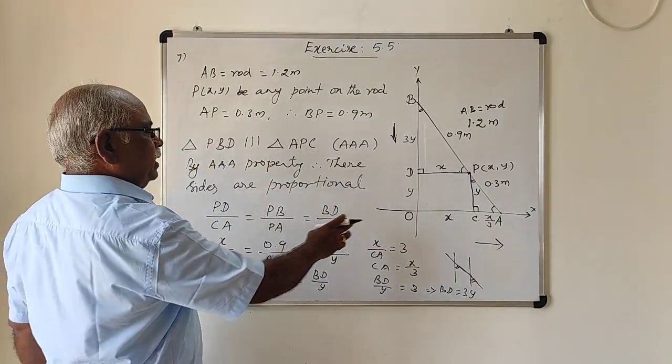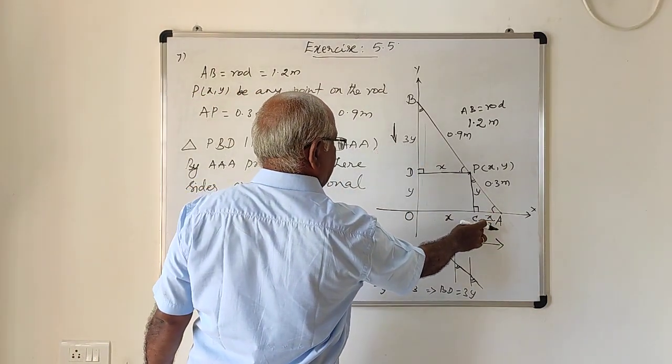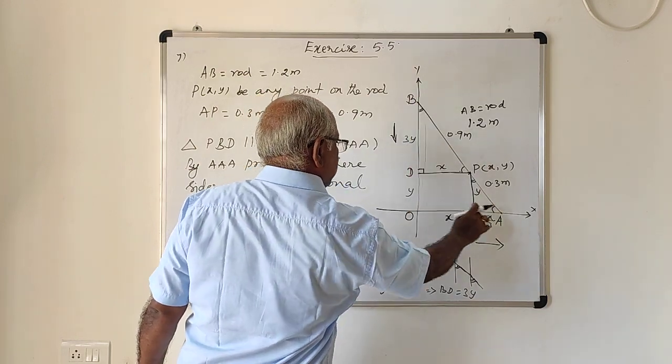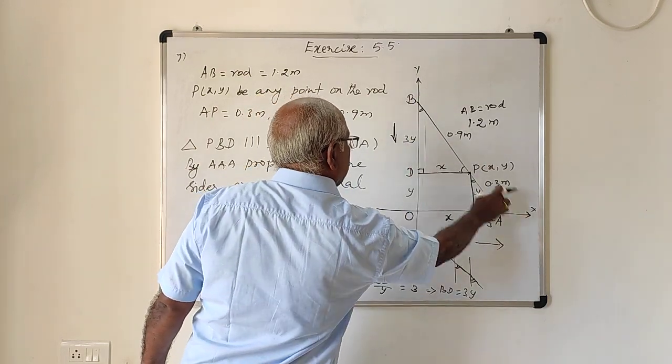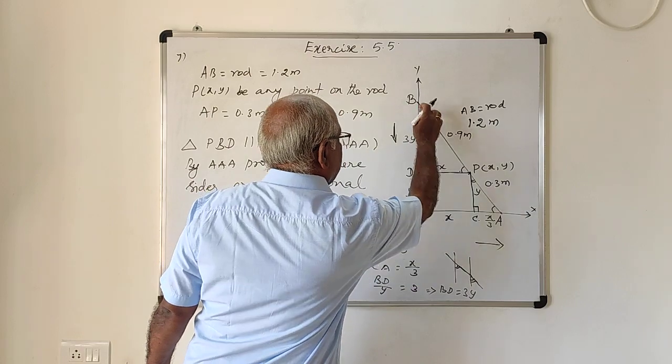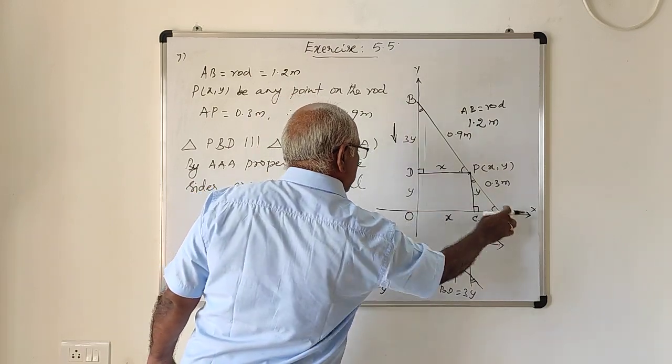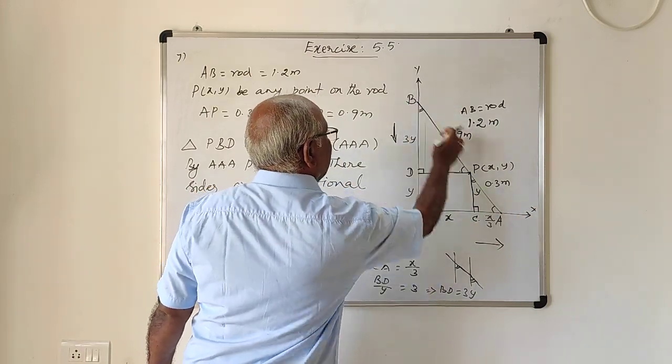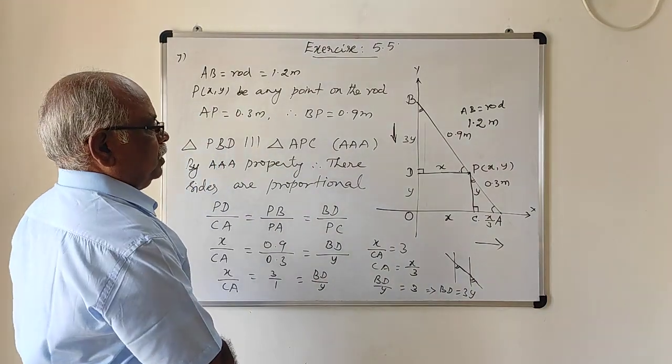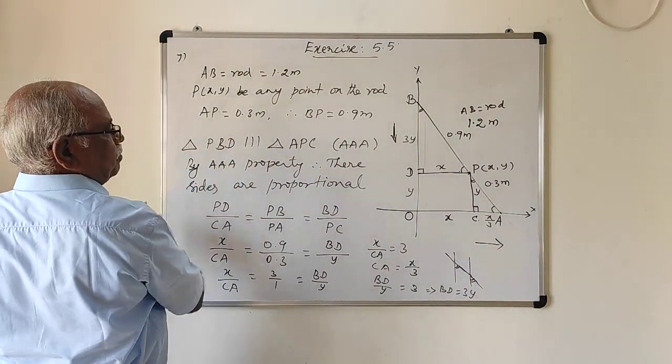So after determining the unknowns BD and CA, from the bigger right angle triangle OAB, OA square plus OB square equals AB square by Pythagoras theorem. Now we are going to see that step.